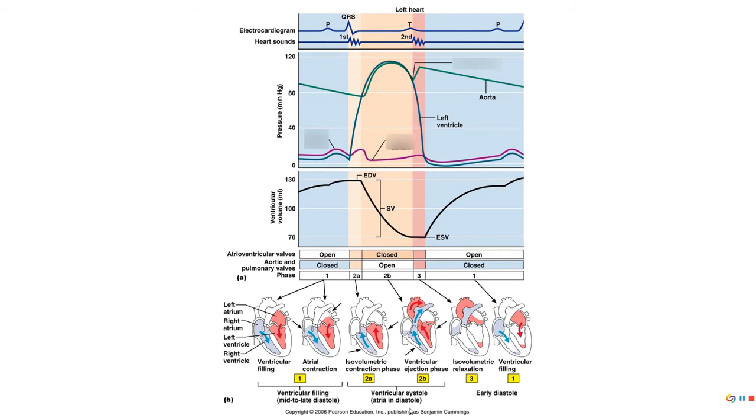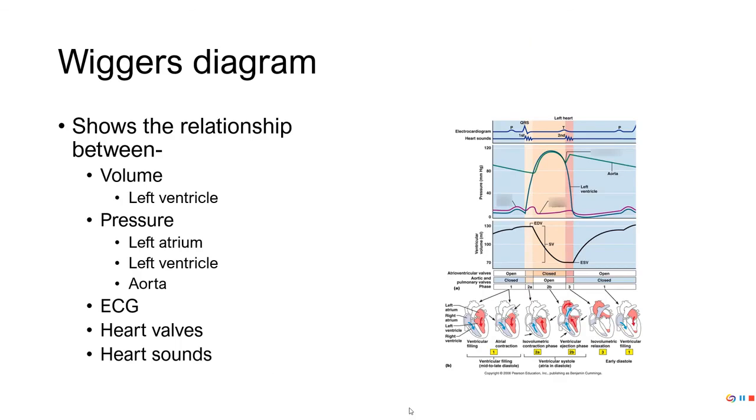Now Wiggers has so much information. What it does is it shows the relationship between the volume of the left ventricle, the pressure in the left atrium, left ventricle, and aorta, the EKG or ECG, heart valves, and heart sounds. So here's volume, here's pressure, here's our ECG, here's our heart valves right here, and then here are the heart sounds.